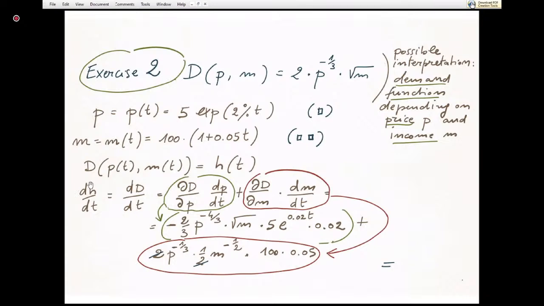If I want to compute the derivative of h with respect to time, the demand with respect to time, I use the basic formula of the chain rule. It's the partial derivative of the demand with respect to price.